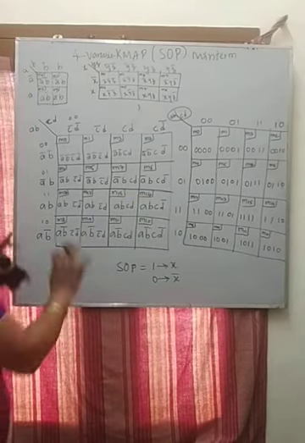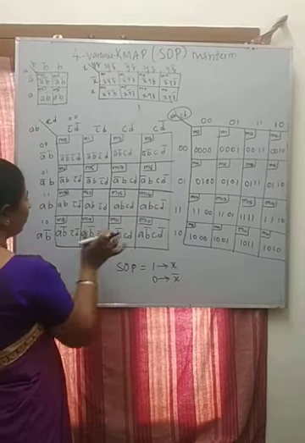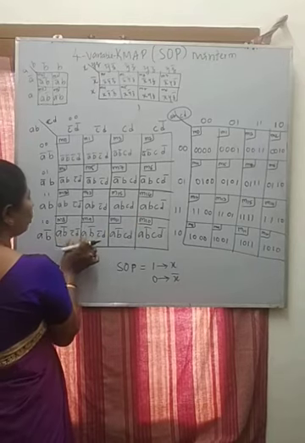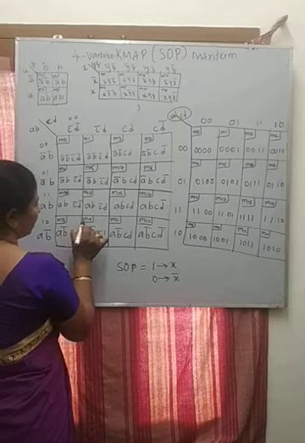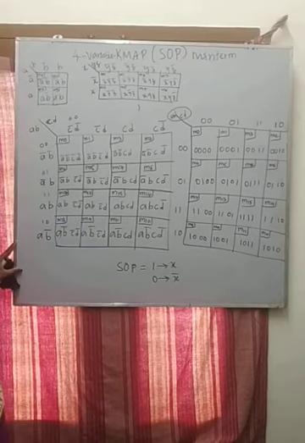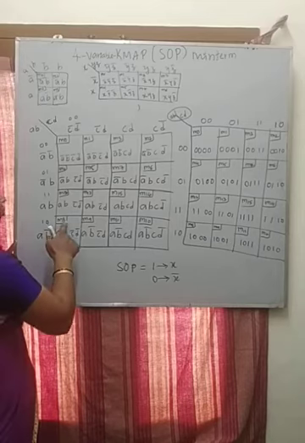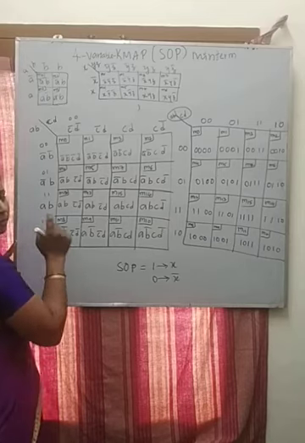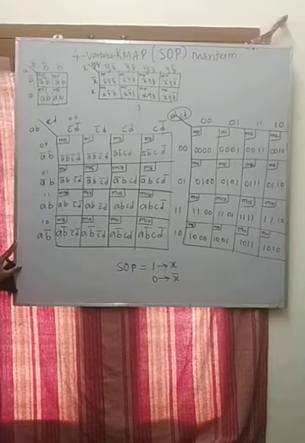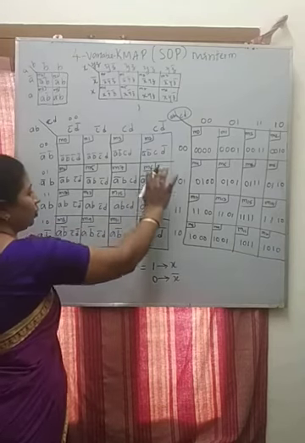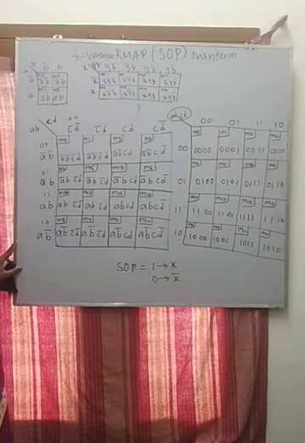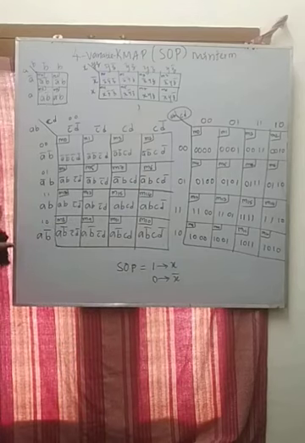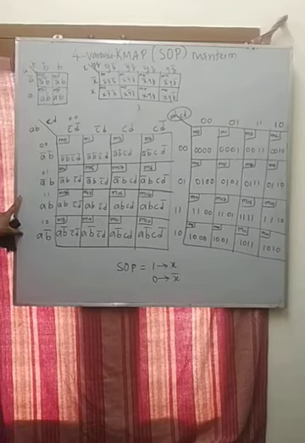This is your KMAP with each cube term and its minterm notation. Each cube has its own minterm notation with its own term format. Each one is unique. Then your map is ready.